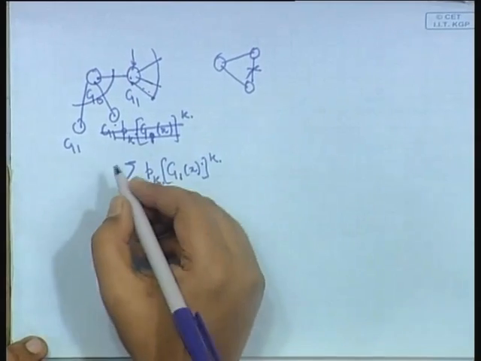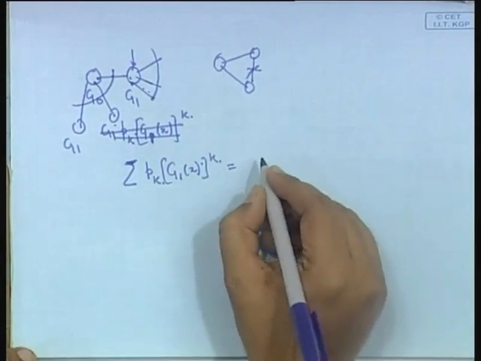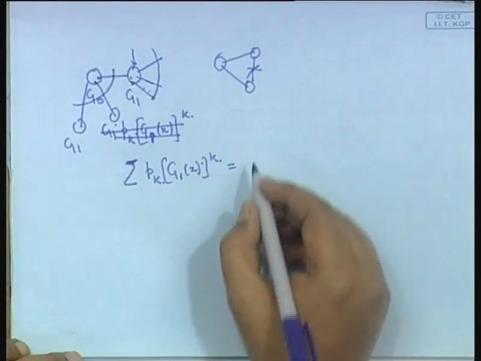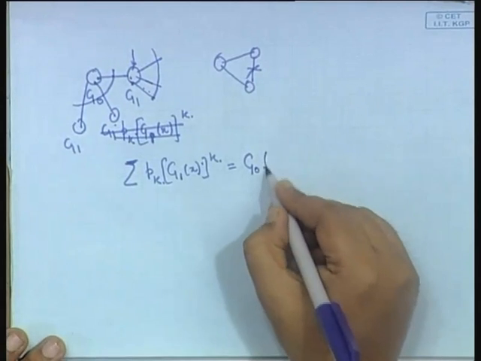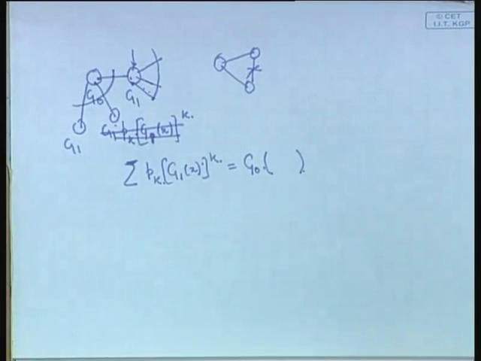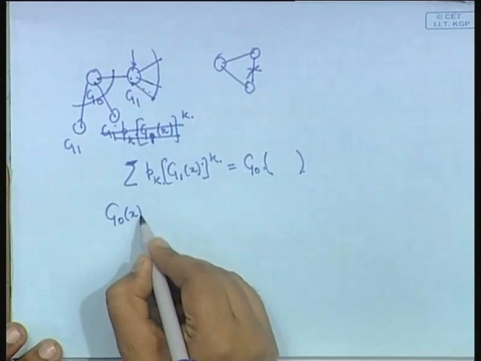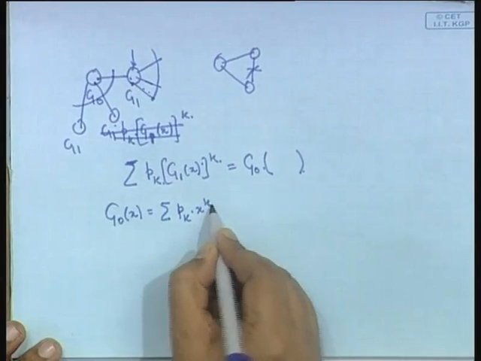So, what is this basically? Tell me what is this in terms of g0? No, tell me what is g0. So, g0x is, I write summation of pk x to the power k.